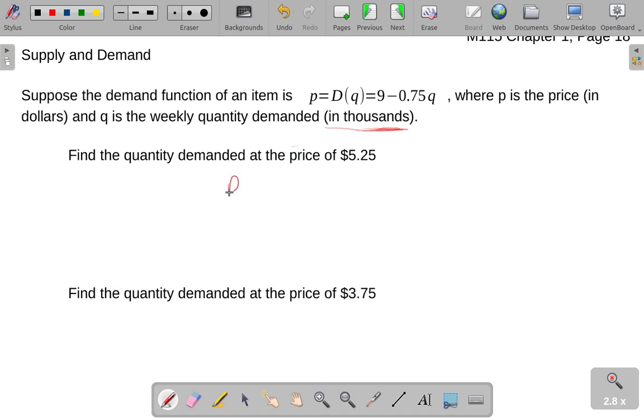Well, we know that D of Q is equal to 9 minus 0.75Q. I have to do little tails on my Q's to make sure they don't look like 9s. We know the price is $5.25, so we're basically being told what P is. So this value right here is going to be 5.25 equals 9 minus 0.75Q.